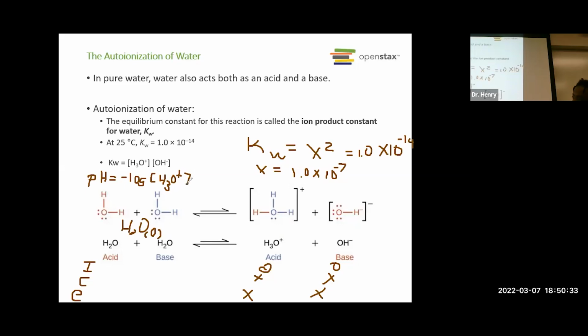So plug this in: minus log of 1 times 10 to the minus 7. What is that going to equal?